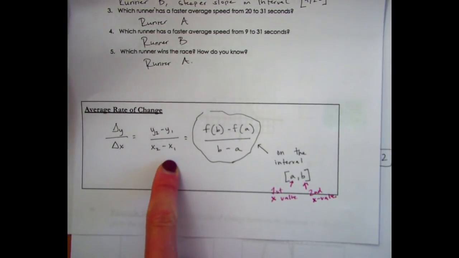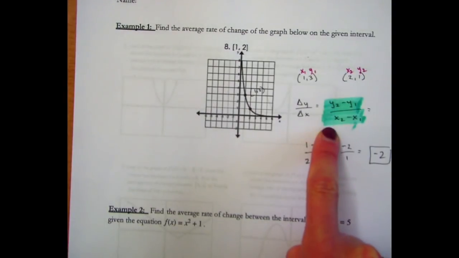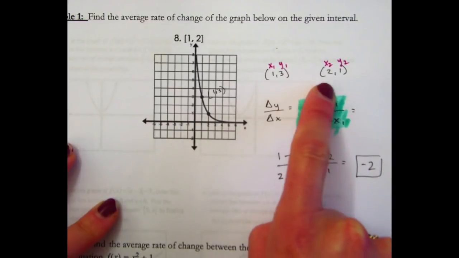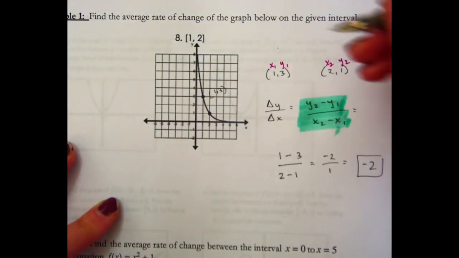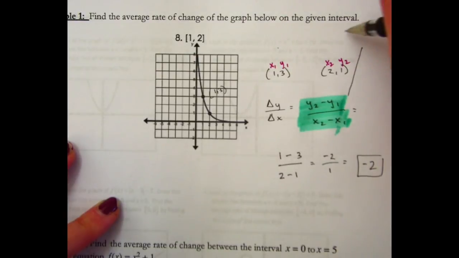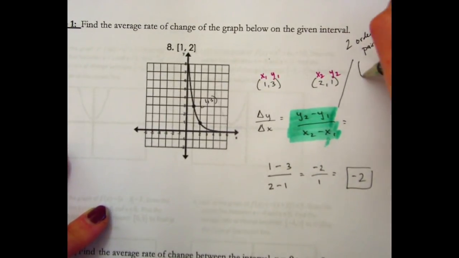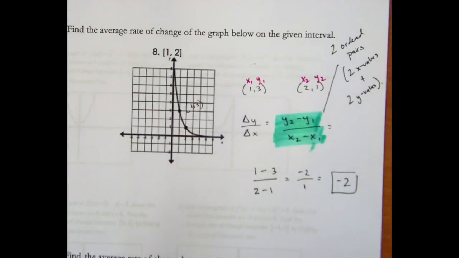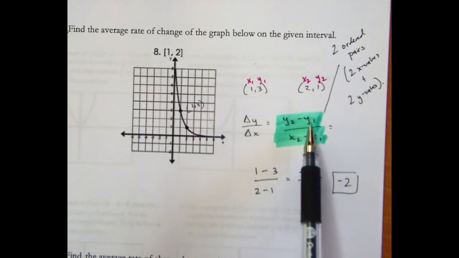So the reason I personally chose to use this equation is because I have two ordered pairs, meaning I have two x values and two y values. So because I have two x values and two y values, it makes sense that I'm going to use this equation because, look, I have two x values and two y values to plug in.